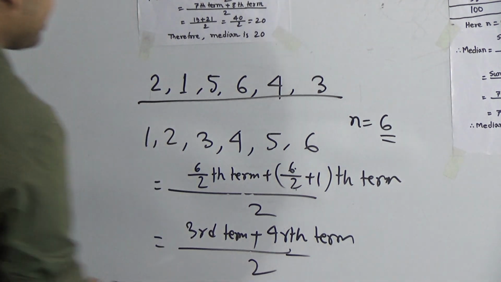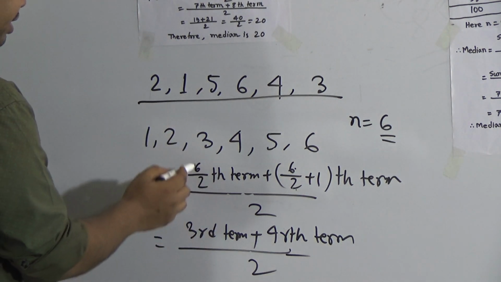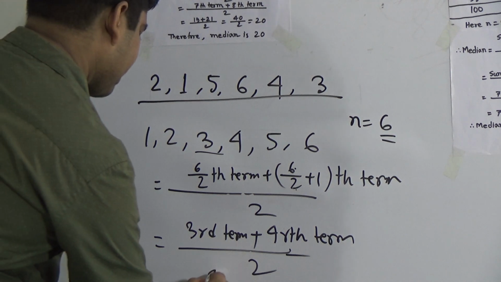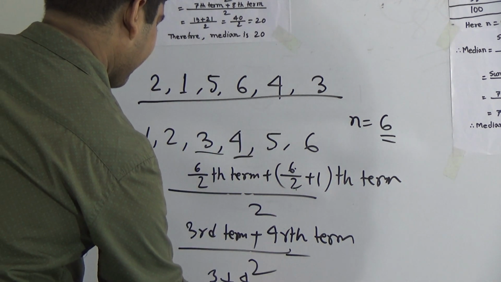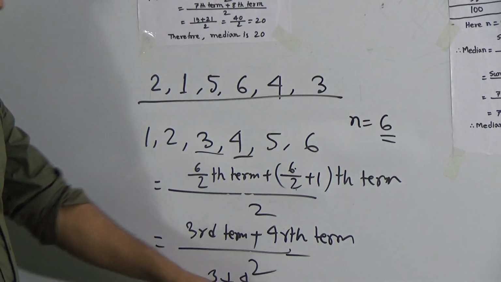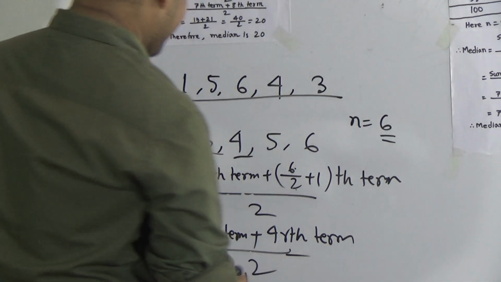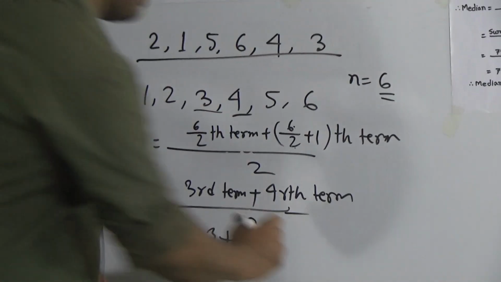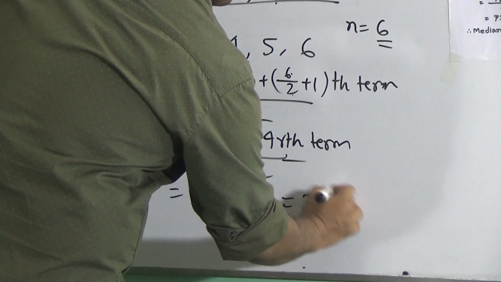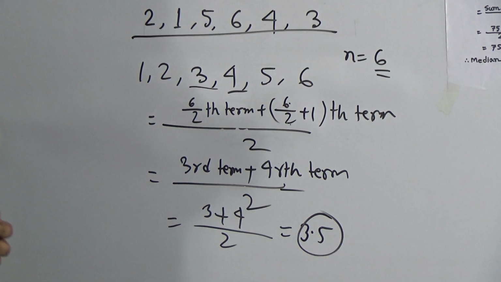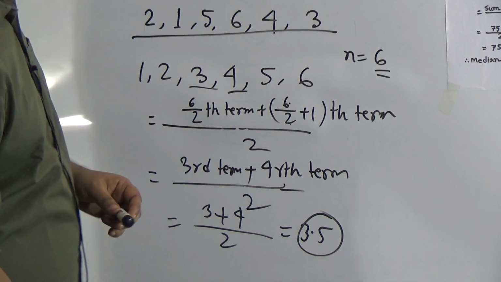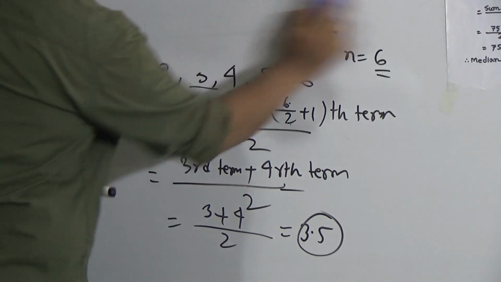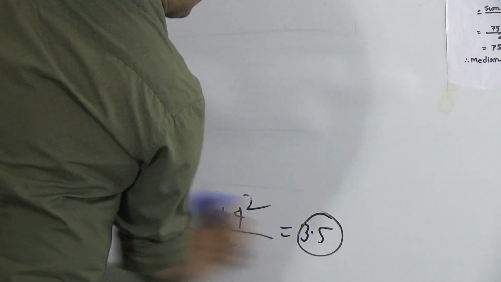Now the third term is 3, so here we write 3. The fourth term is 4, so here we write 4, divided by 2. So 3 plus 4 is 7, by 2. If we divide 7 by 2, then we get 3.5. So 3.5 is the median of the given data. I hope you have understood both formulas of the median. Okay.